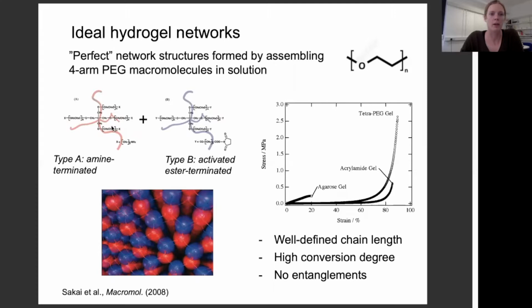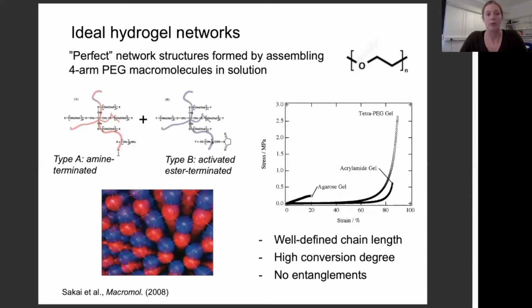You take two 4-armed macromolecules with a well-defined length of each arm. The idea is to have these two types of macromolecules, each characterized by a different functional end group at the end of the chain, so that when you mix them in solution in stoichiometric proportion, all the A-type macromolecules react with the B-type.